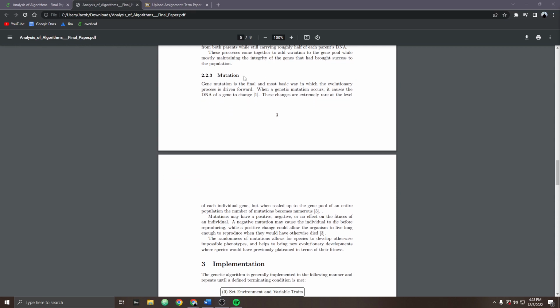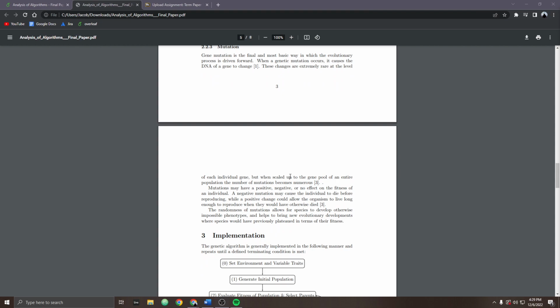And the next way is mutation, which is completely random, or in most cases, there are different ways to mutate, but in most cases completely random, and it's very rare for each individual trait to be mutated, but as a collective, as the entire pool, there are tons of mutations going on all the time across generations.